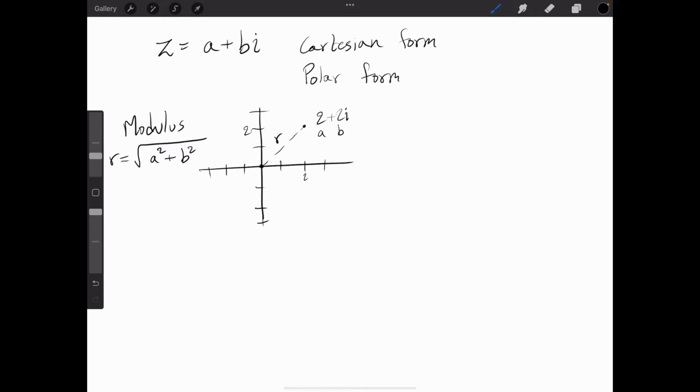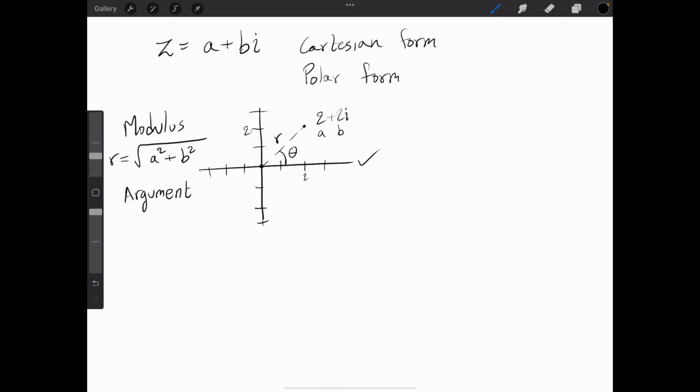Next, the argument. Argument is basically the angle between this r, this line right here, and the positive x-axis, so this axis right here. That means the angle formed in this case will be this angle right here between r and the x-axis, and we'll just label that theta.